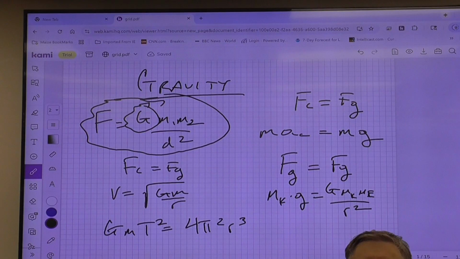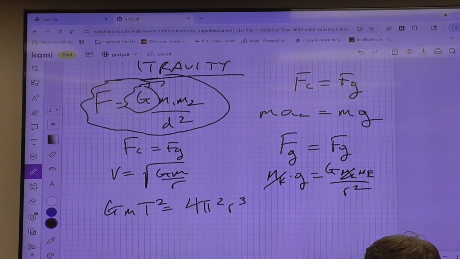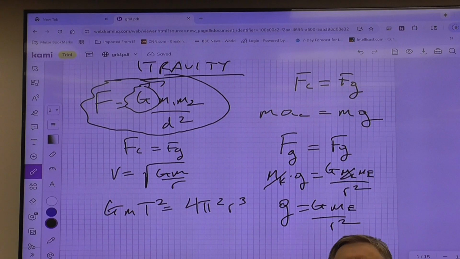It would happen to any of you, Elliot, Dylan, Vanessa, it doesn't make any difference. Everybody's going to drop out of the equation. So what you're left with is this idea: little g equals big G times the mass of the Earth over R squared. Understand what that little g gets you. That little g gets you the gravitational acceleration when you drop something.